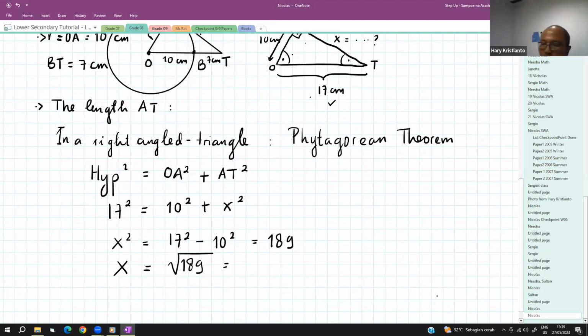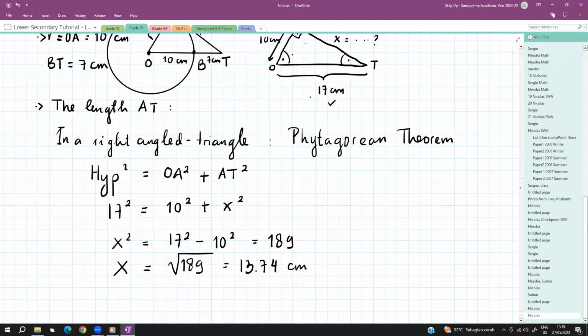Square root of 189 is 13.74. Understand?